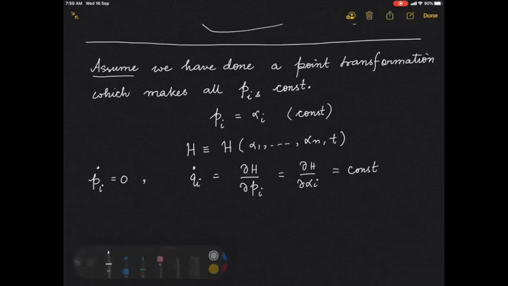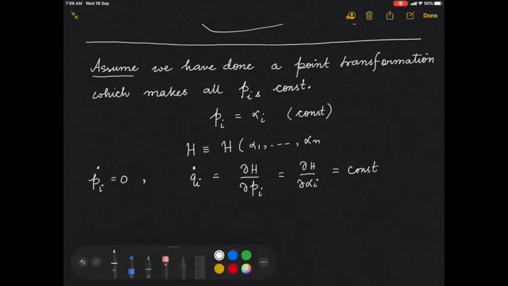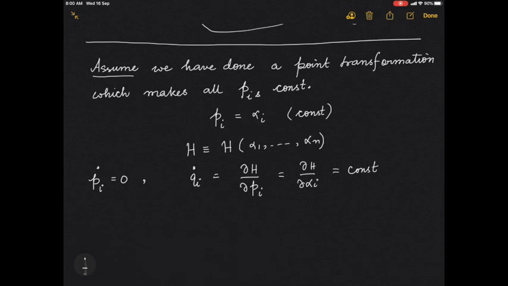Not necessarily, if the Hamiltonian depends on time. So let me remove the time dependence for the time being. You can put in the time dependence, but you will see that it is easy to solve even then. But just for understanding, say the time dependence is not there. So del H del alpha i now depends on all the alphas only. All the alphas are constant, so del H del alpha i has to be a constant.